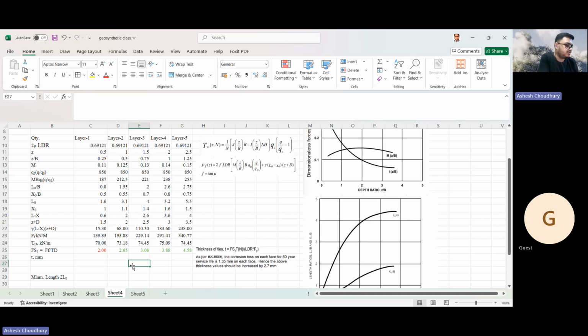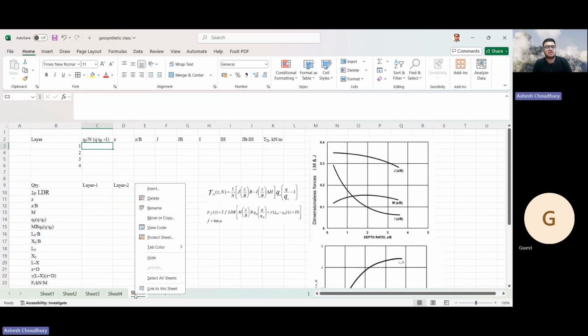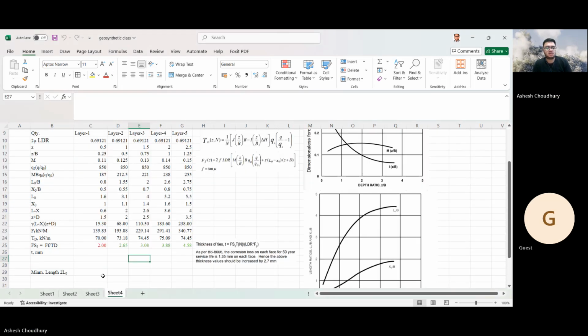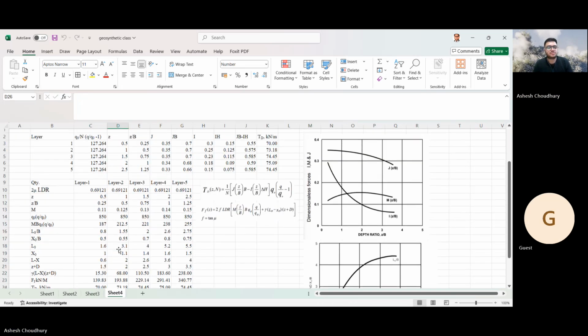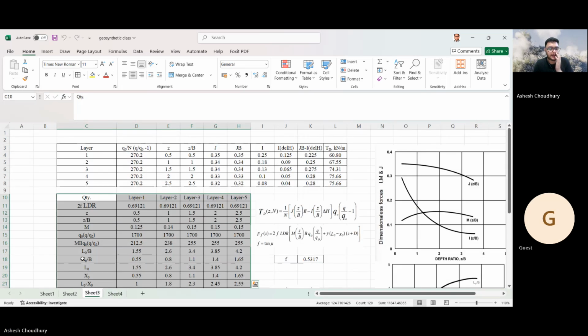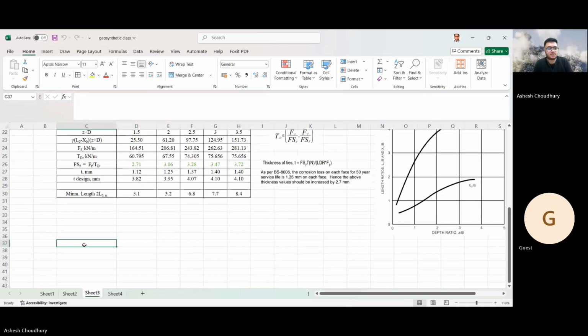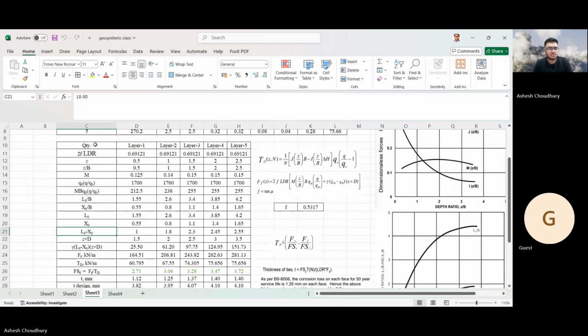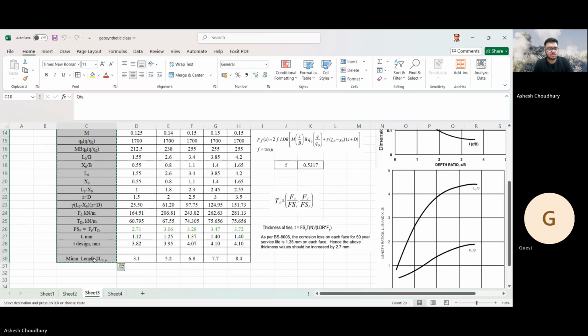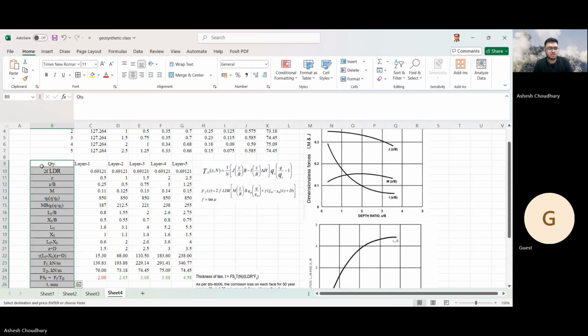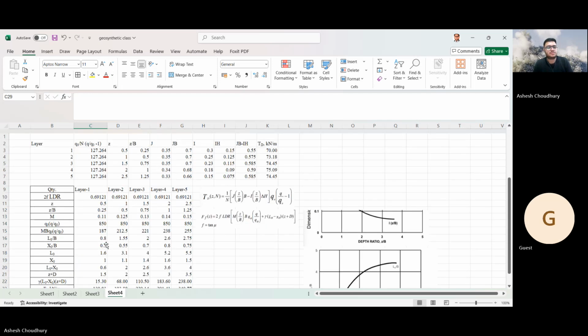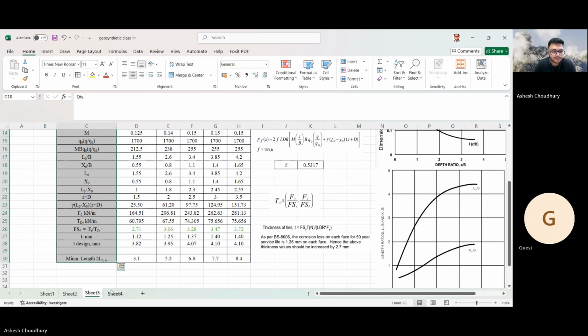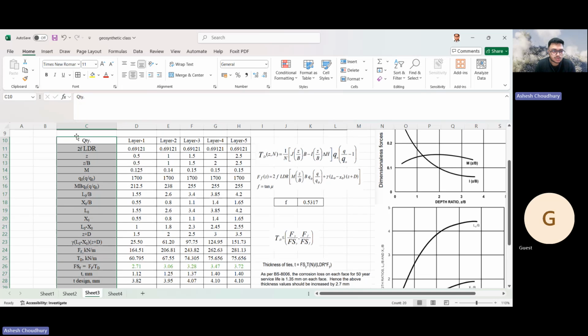So what we have to do is redesign it again. Okay, we need to redesign it.